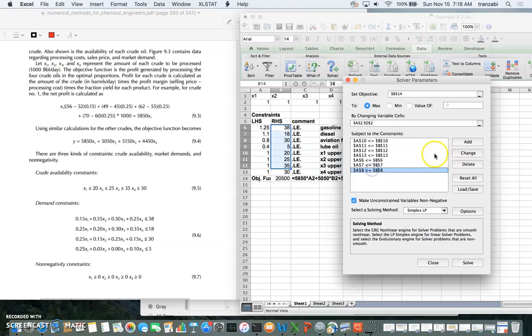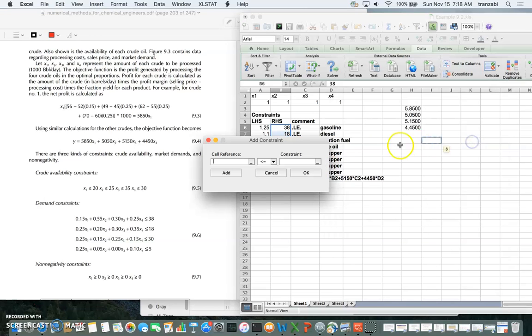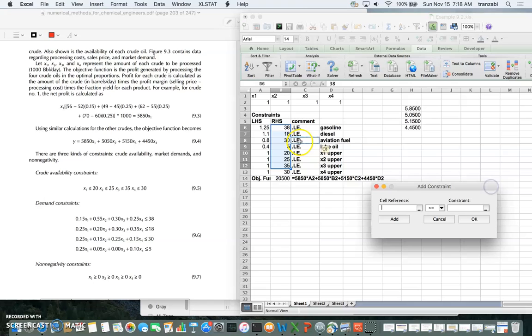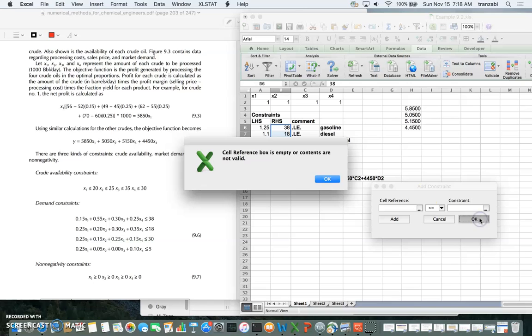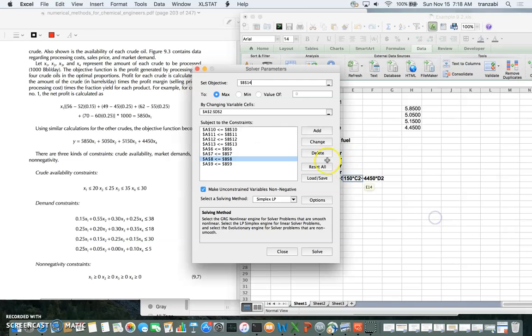So I have to add the other one that I just deleted, I think. There's one missing here, which is this should be less than or equal to that. So I'm going to put Add, and then this cell should be less than or equal to this cell. Okay. Add. Oh, sorry. After you add, you can cancel. So then, yeah, the last one is also added.